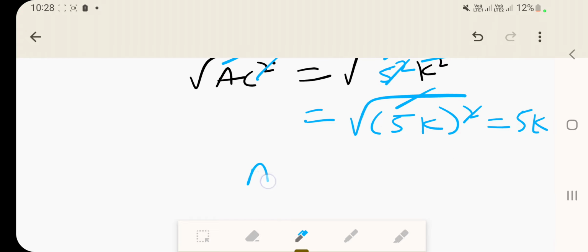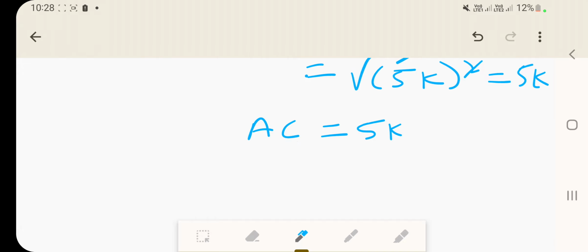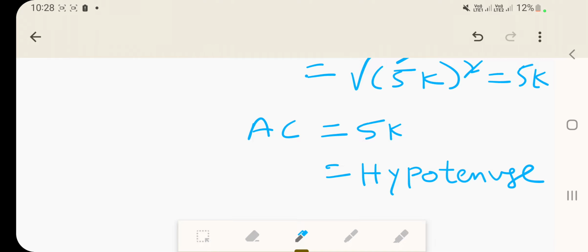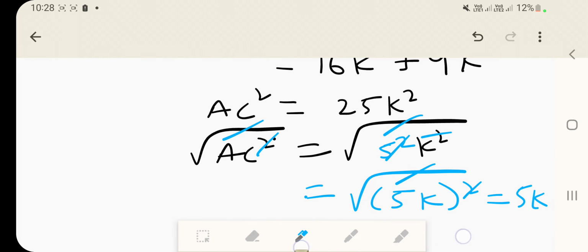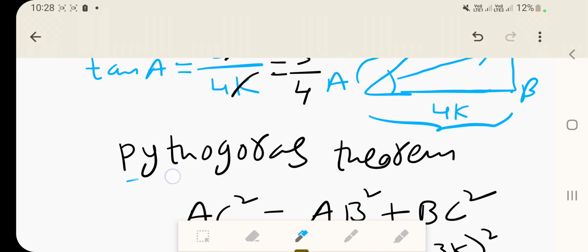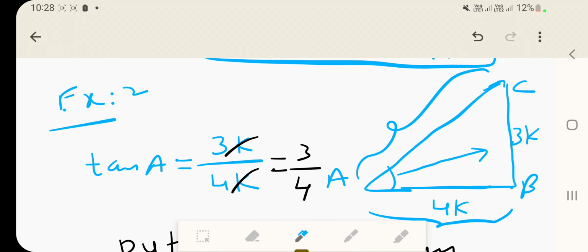So the hypotenuse AC is going to be 5K. This is the length of the hypotenuse, which we have written as HYP, spelled H-Y-P-O-T-E-N-U-S-E. AC we got using the Pythagoras theorem is 5K.